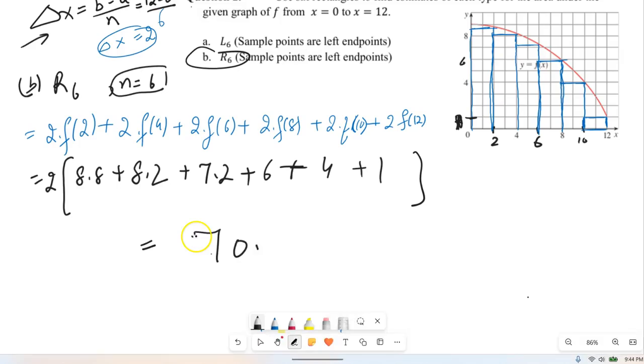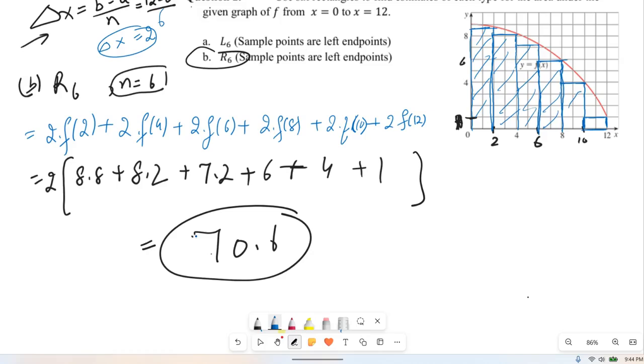I'm getting roughly 70.6. Now you notice that when you find the area under these rectangles, this is the blue shaded portion we get. But what do we want to estimate? We want to estimate the area under the curve, this whole highlighted area. That highlighted area is a little more than this one.